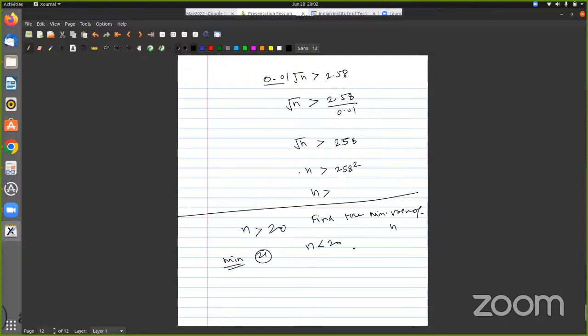Let's say n is less than 20. What is the maximum value of n? It is 19. In this case, n is greater than or equal to 20. What is the minimum value of n? 20. And n is less than or equal to 20. What is the maximum value? 20. Okay, got it.